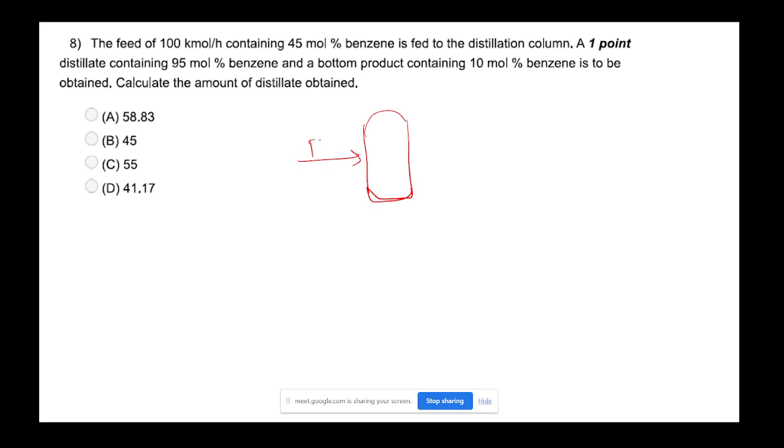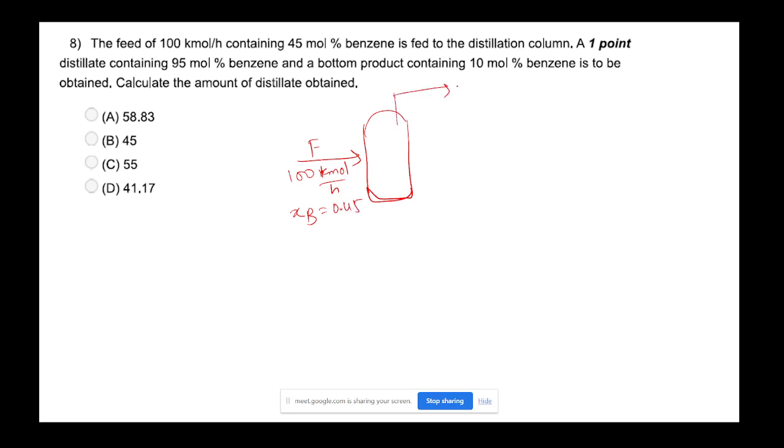So this is feed stream F, which is 100 kilomole per hour total flow rate, and 45 mole percent is benzene. So 45 mole percent is nothing but the mole fraction of benzene in the feed stream. Let's say the mole fraction of B is represented as XB, which is 0.45.